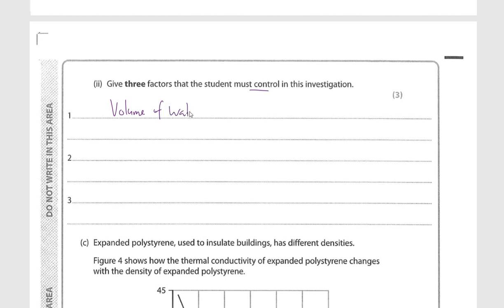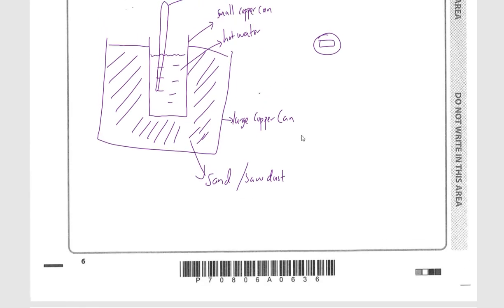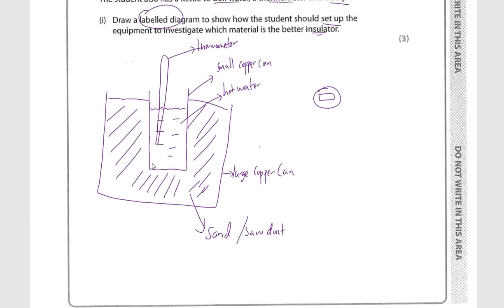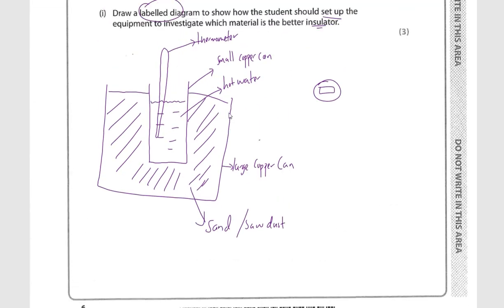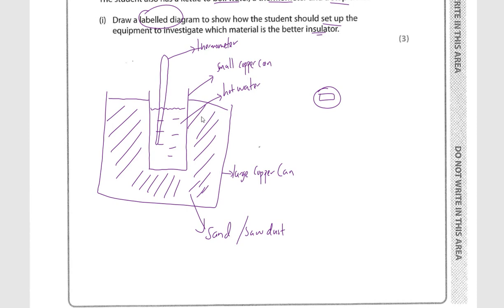Because what we have is the water and then the sand, and then when we test the sawdust, we want to use the same amount of water in this particular case. So the volume of water is needed, and then the amount of material, the amount of sand that we're testing.